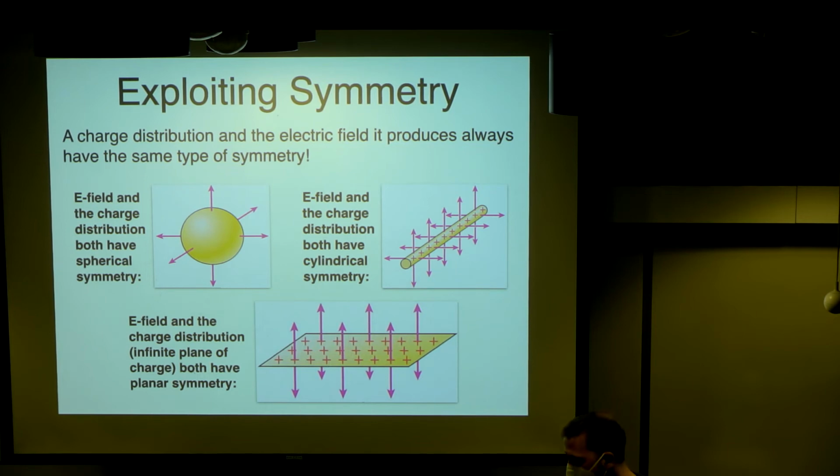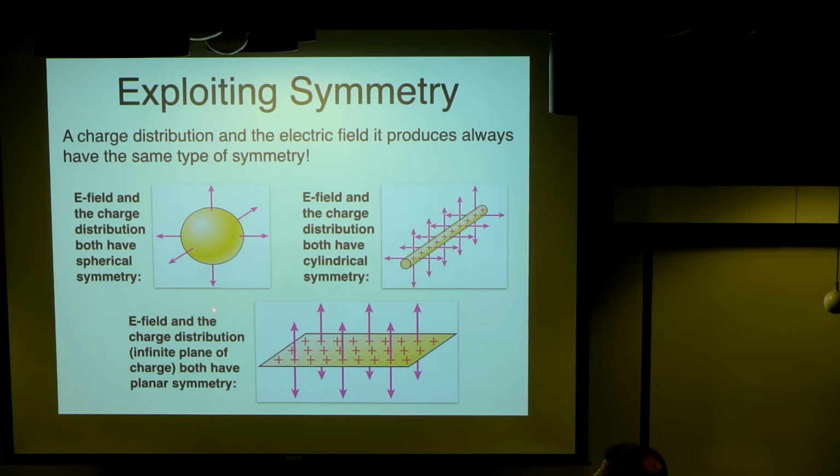So in other words, if I have spherical symmetry in the way my charge is spread out, that means I have spherical symmetry in my electric field. If I have cylindrical symmetry in the way my charge is spread out, I have cylindrical symmetry in my electric field. So they share the same type of symmetry, the way your charge is spread out and the type of E field it's producing. They're symmetric in the same exact way. And that's what is actually useful here, okay?